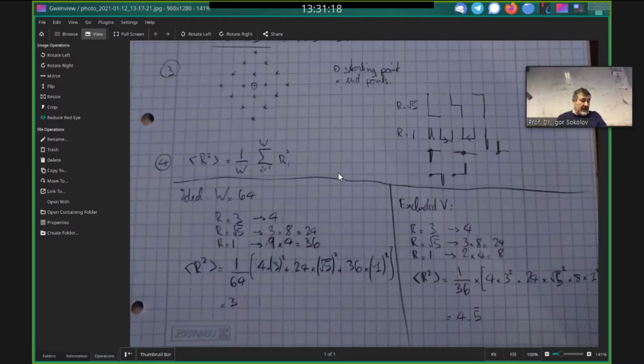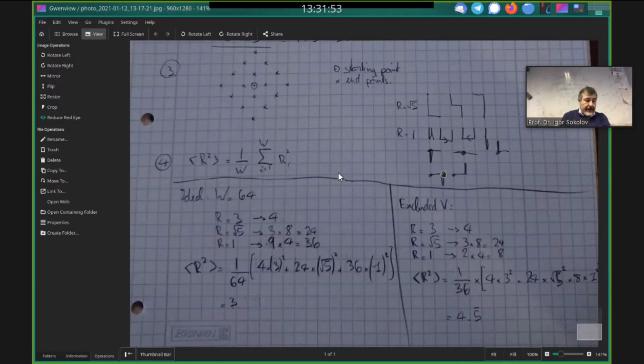And from the 36 of length 1, it means that for a single direction you have 6, and from these 6, you say only 2 survive, and these are the angles.